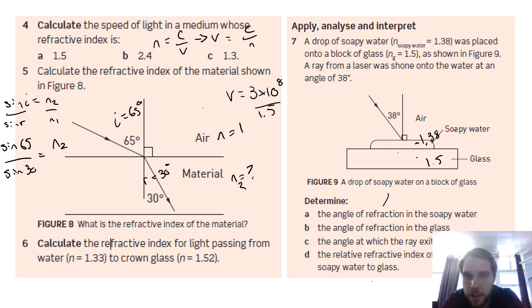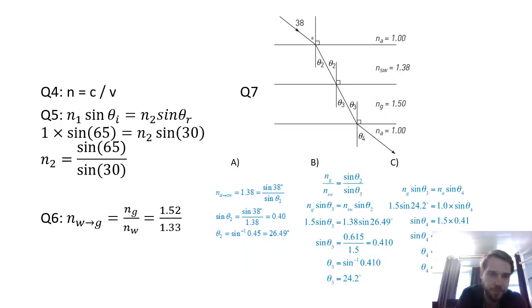A ray from a laser was shone onto the block at an angle of 38 degrees. That's our incident angle. Determine the angle of refraction in the soapy water, then the angle of refraction in the glass, the angle at which the ray exits, and the relative refractive index. Now, I've already typed these out, so let's just go to the next slide, and hopefully I can remember the question well enough to explain them.